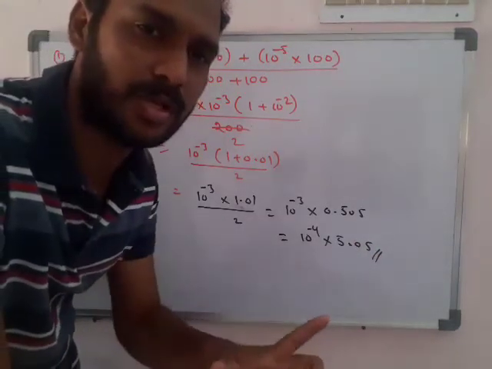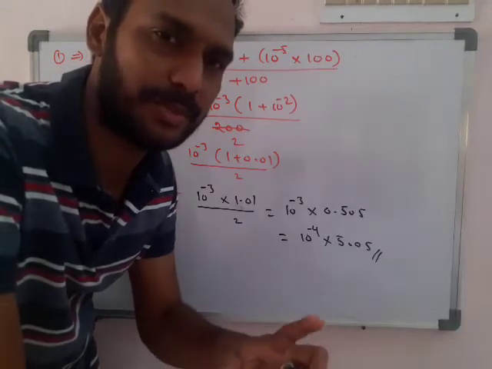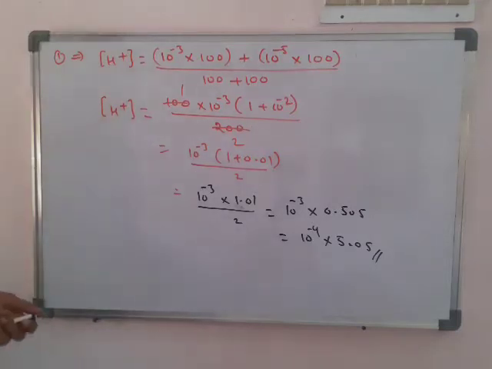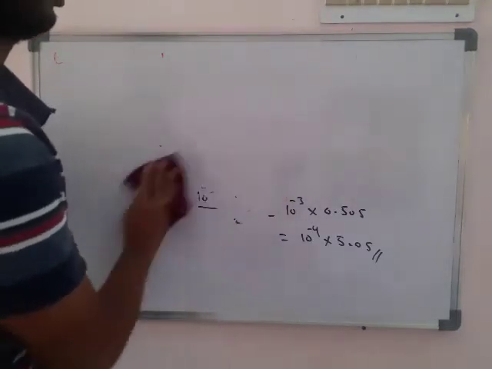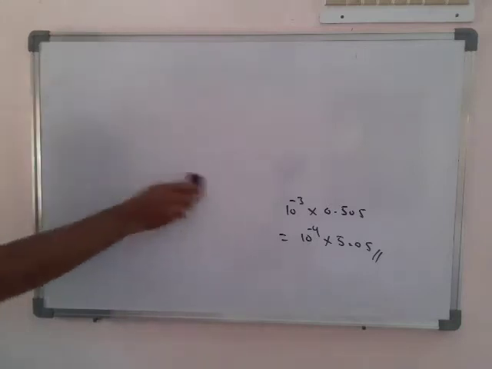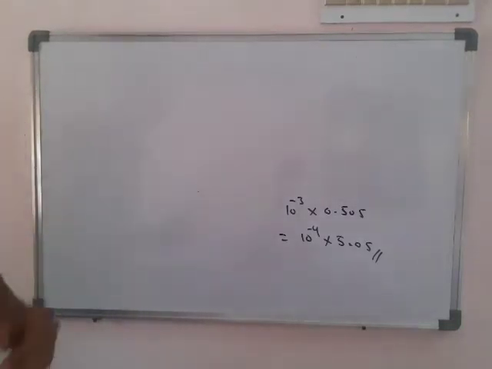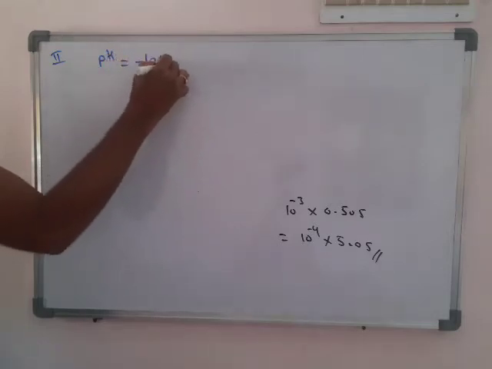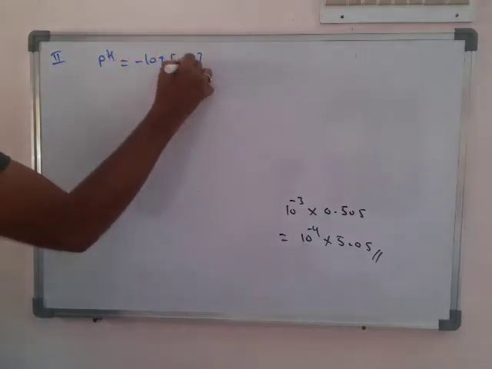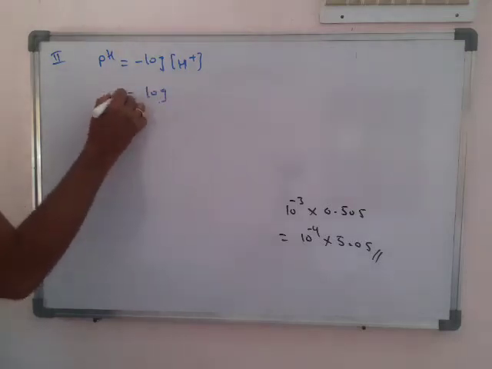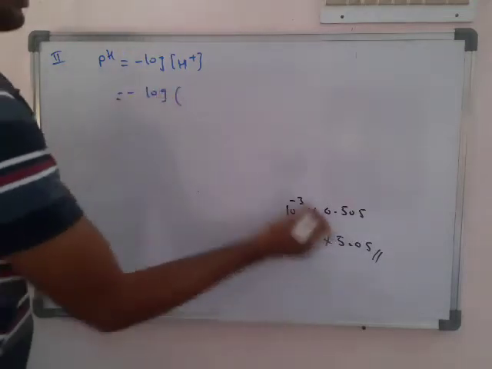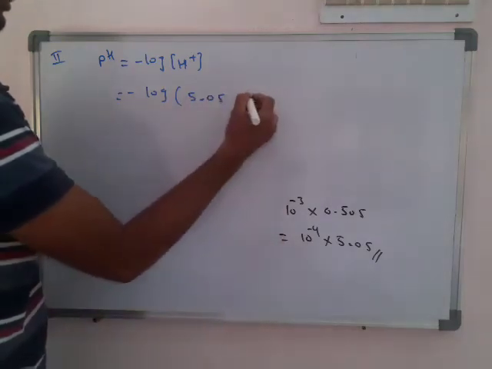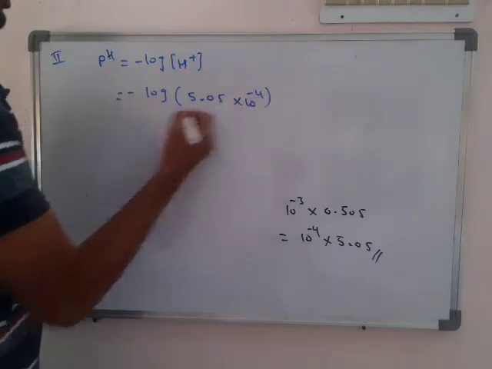With the help of the H plus concentration, substituting in the pH formula, we can find the final pH. We can take it as step 2. So pH is equal to minus log H plus. Substitute the H plus concentration here.